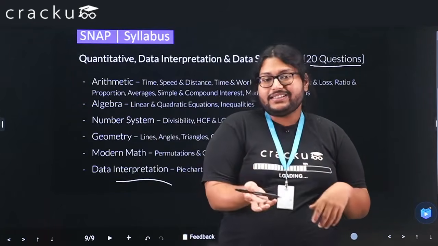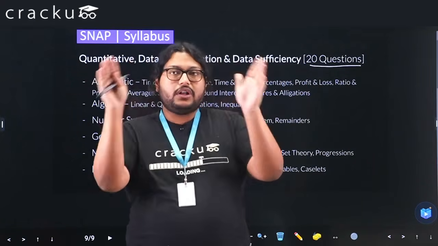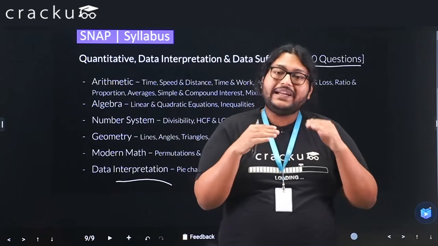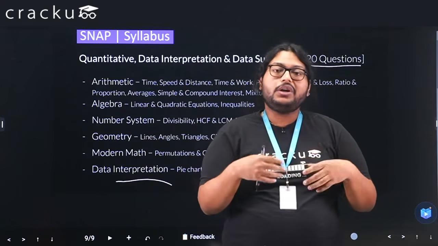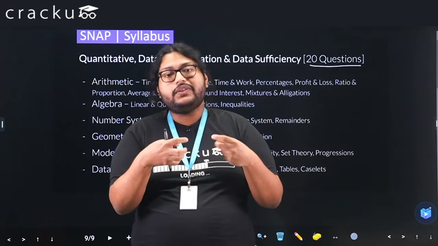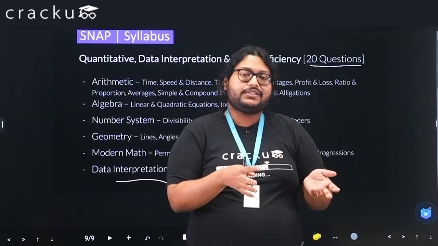So in a data sufficiency question, they'll ask, if we want to solve this question, do I require statement 1 or do I require statement 2 or do I require both of them? Or even if I use both of them, am I still able to solve it or not? So that is a data sufficiency question.